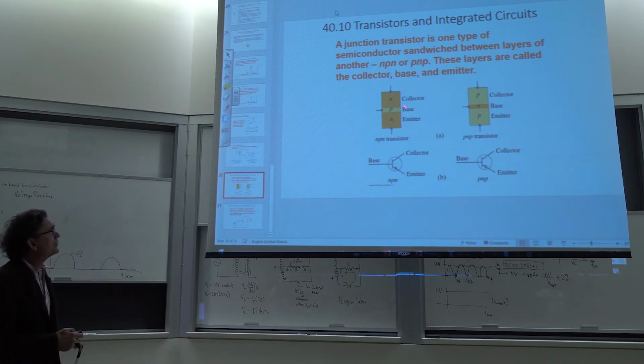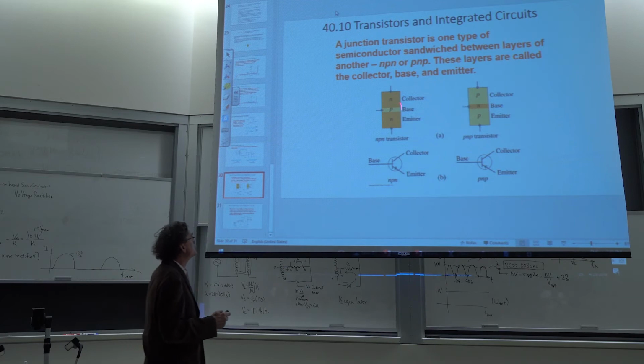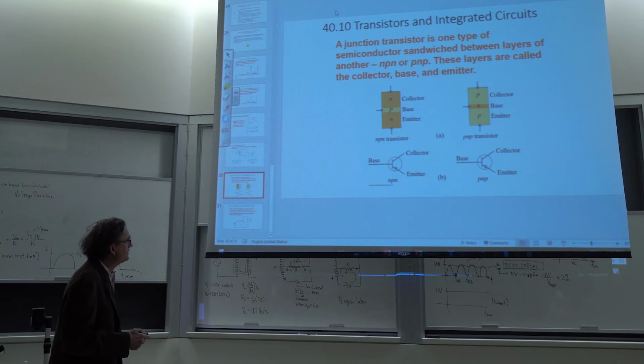There are three connections to the three materials, called the collector, base, and emitter. Okay? These are the three connection points to the transistor, and they are drawn schematically in diagram form like this, with a big circle around, and an arrow going out, which is the direction of current. So the names, let's see.